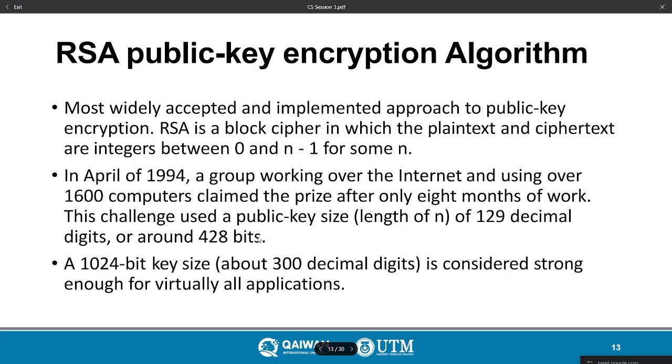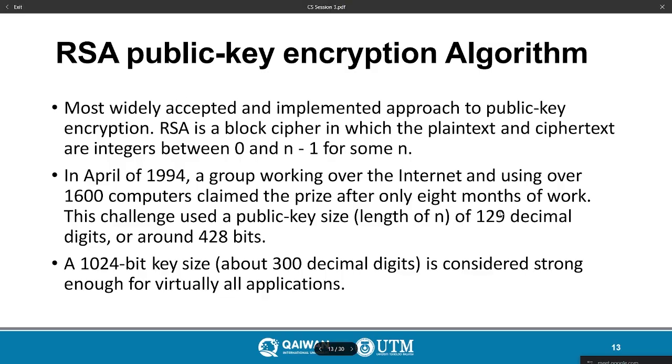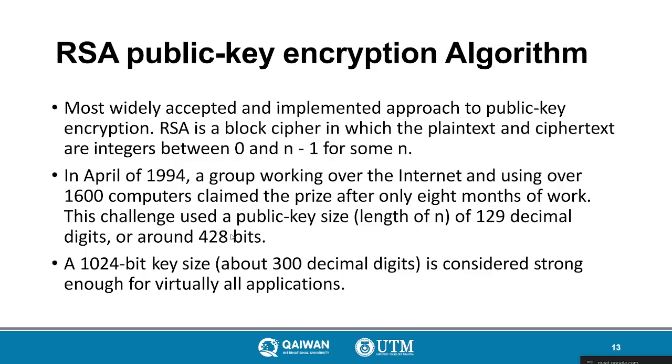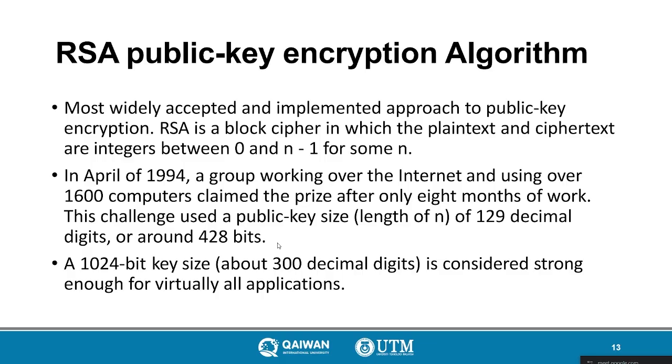At first they said RSA was quite impossible to crack, and they put up the 129 digits, or 428 bits, for the key. After 8 months, I think it was a Siberian group of hackers who claimed the prize. They said, you can encrypt any message with this 428-bit key, and we can decrypt it. And it was actually correct.